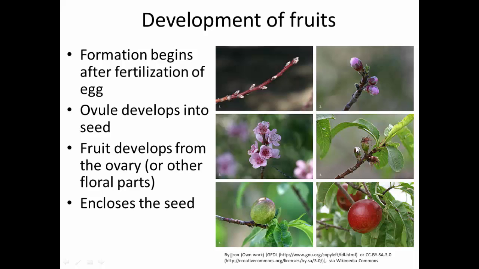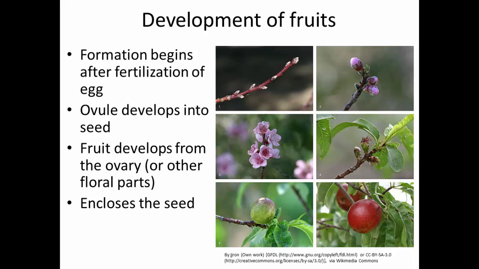So this is a nectarine plant. So this is the tiny nectarine fruit starting to develop. So simultaneously, as the fruit is developing, the ovule is developing into the seed. So the fruit is developing from the ovary wall.